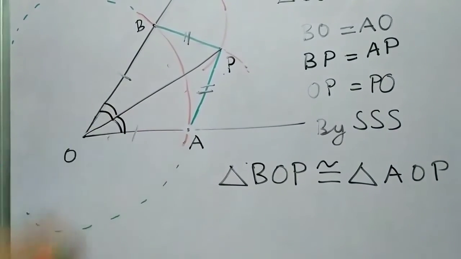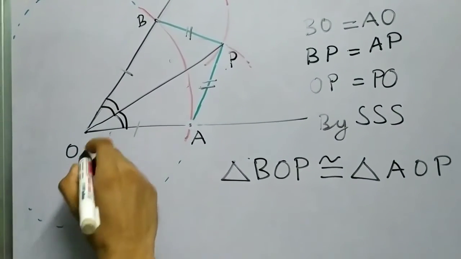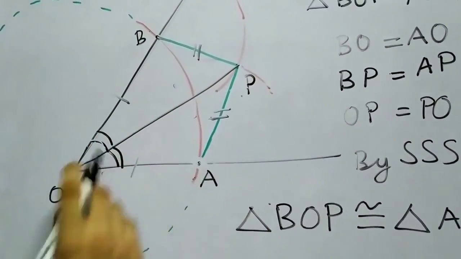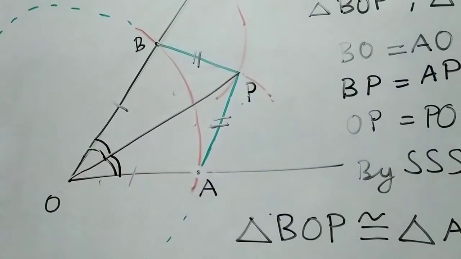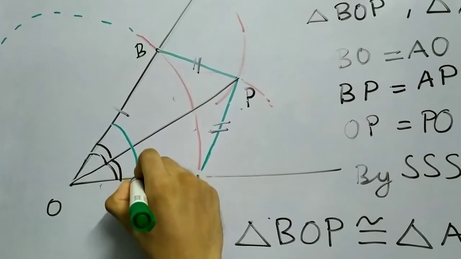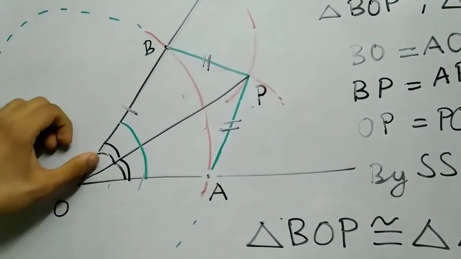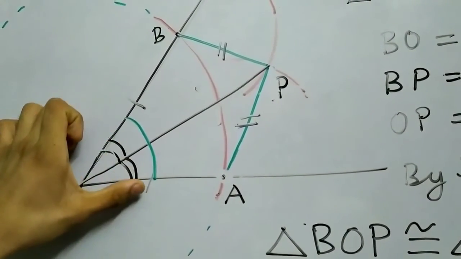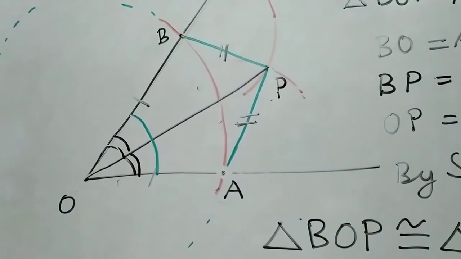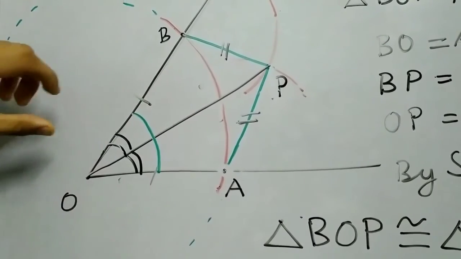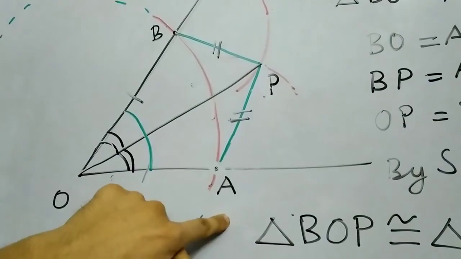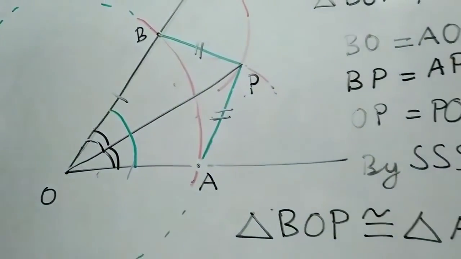And if these two angles are equal to each other, this means that BOP, this one, is half of the original angle, the big one. Since they both are equal, from this we can say that OP is the bisector of angle BOA, and this is how the construction is done.